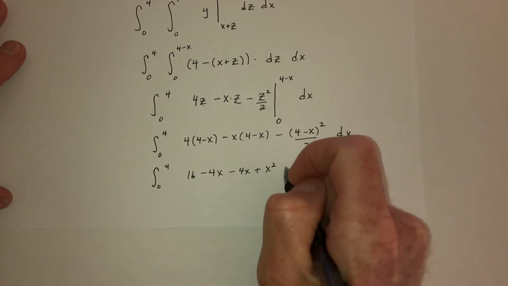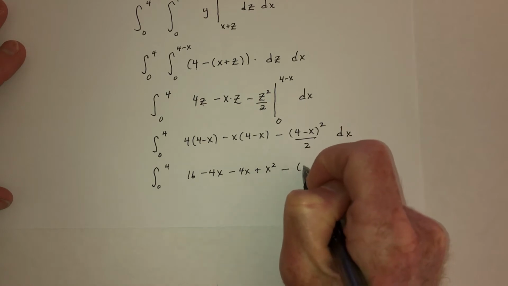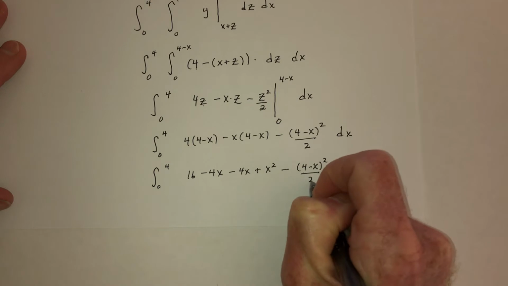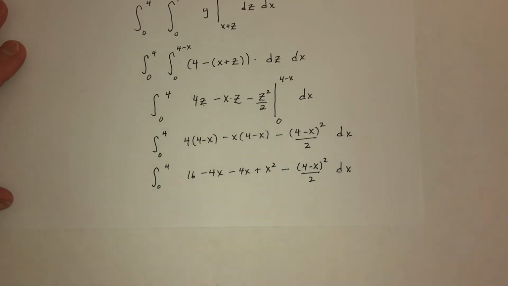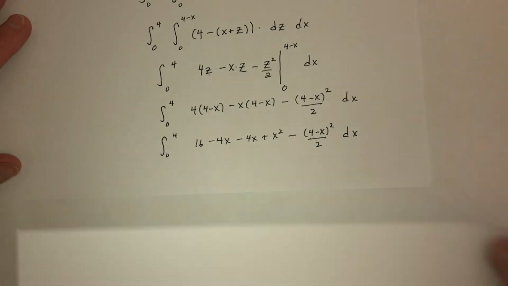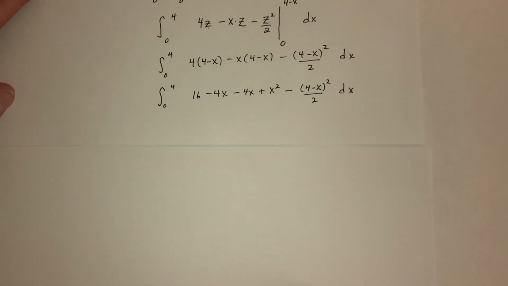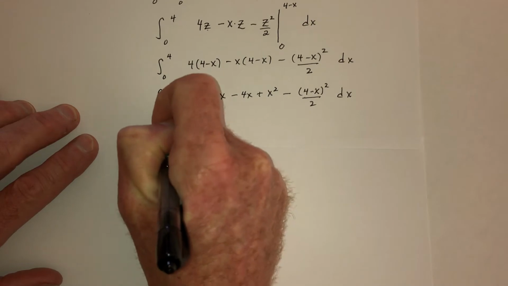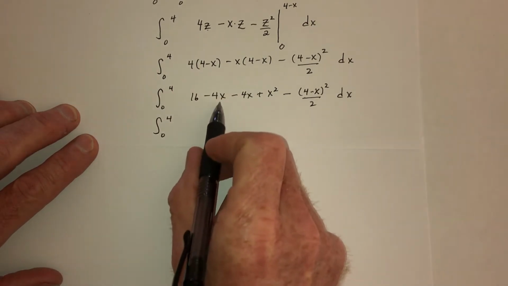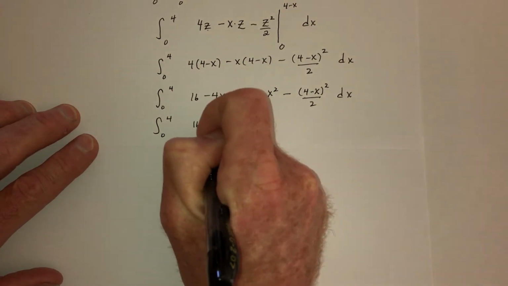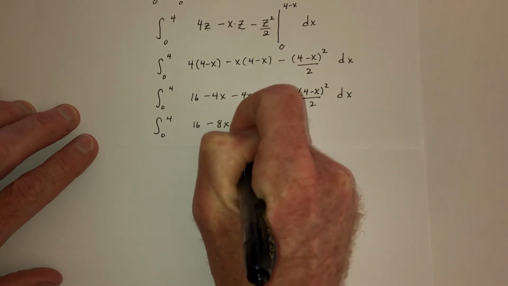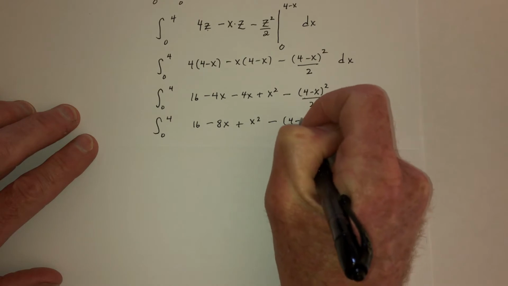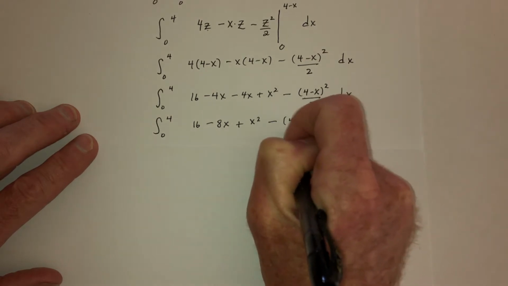And with this one, I'm just going to integrate it by itself. So this will be integral from 0 to 4, and then combining like terms, there's going to be 16 minus 8x plus x squared minus this 4 minus x being squared over 2.